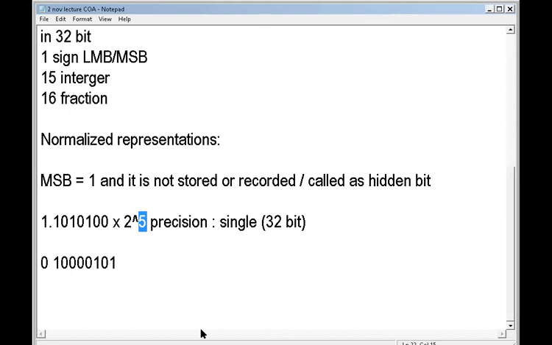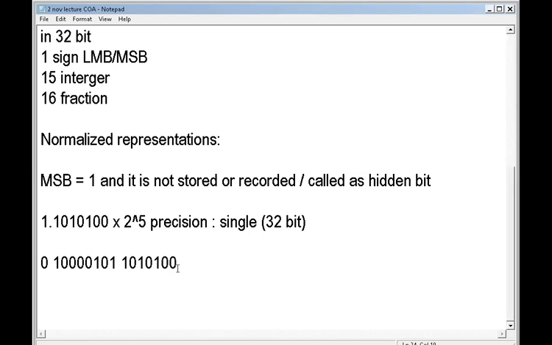So this way you can store the exponent, and again the fractional part is 23 bits. So this fractional part would be stored on the register in 23 bits.